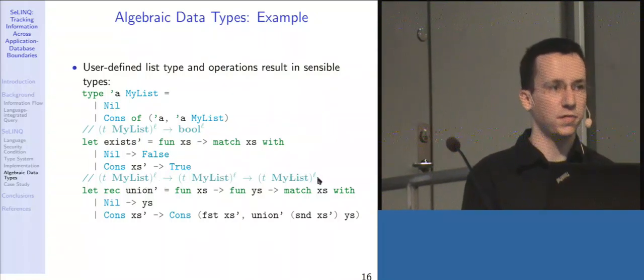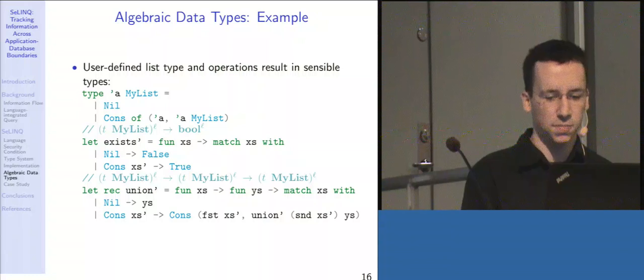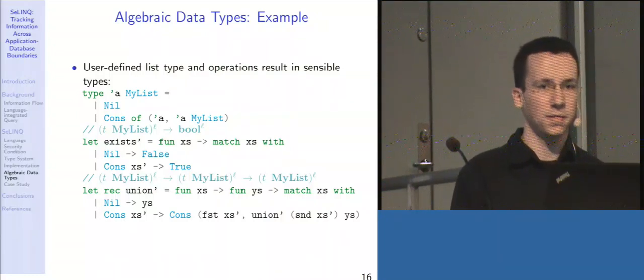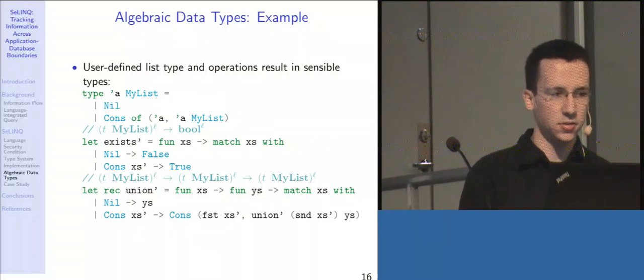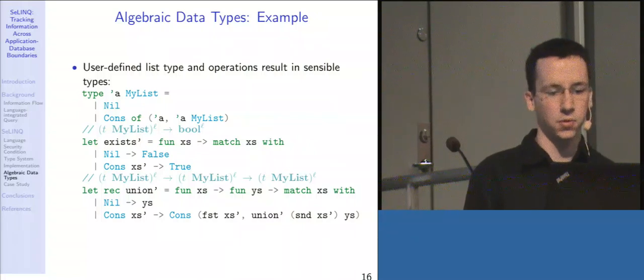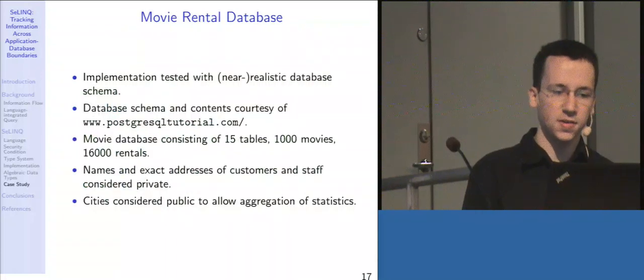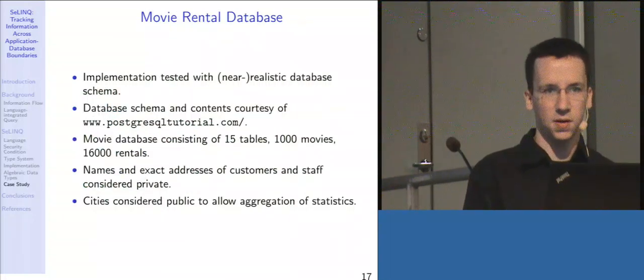That's because our type inference is somewhat approximative in that regard, but since our language always allows reclassifying public information as private, this is not actually a problem in practice. You could just raise the security level of one of the arguments if you have to, and then this will work.